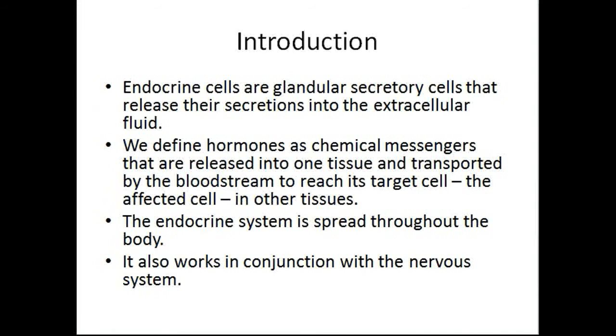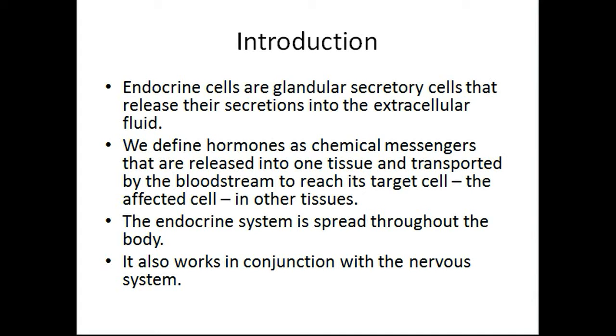Their similarities are that both systems rely on the release of chemicals that bind to specific receptors on target cells. Both systems share various chemical messengers. For example, norepinephrine and epinephrine are called hormones when released into the bloodstream, and neurotransmitters when released across synapses, which I don't remember if we discussed in Chapter 8.